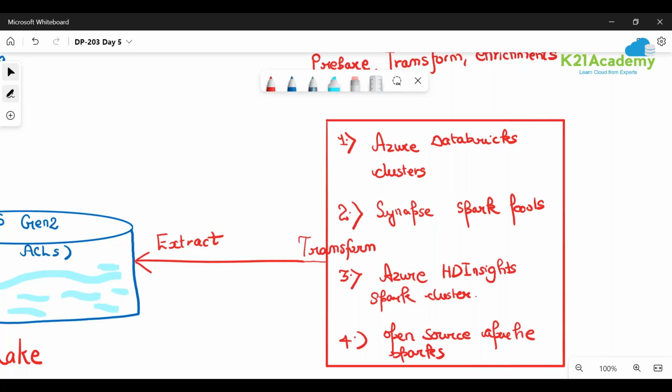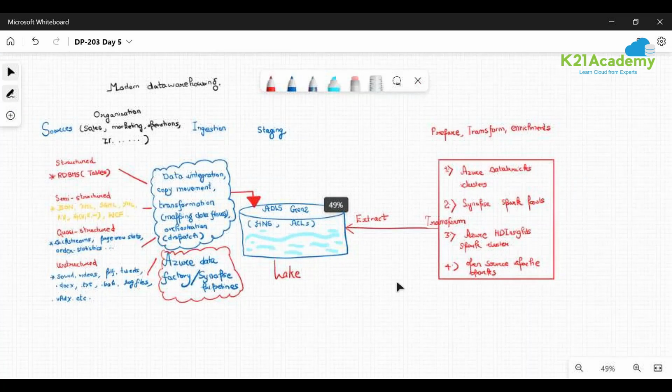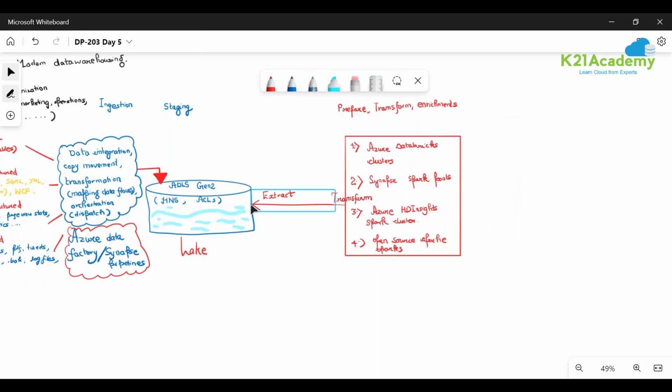Now the question is, after you have done transformations, prepare, transform, enrich, where do you store it? Where are you going to take it? After extracting it from here, let me draw the diagram. Let me draw this arrow a little bit in a different way, otherwise it may confuse our people.